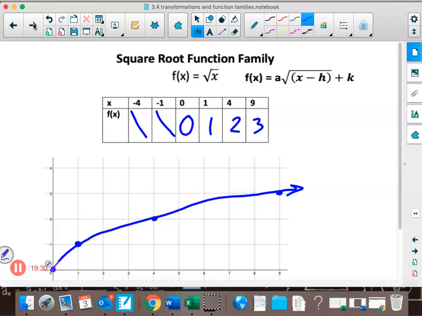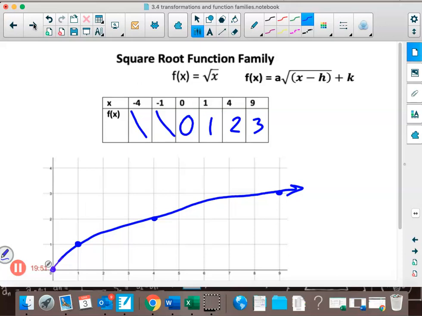It's an upside down boat or a parabola, right? So this is a parabola turned sideways. It's only half a parabola. And does it make sense that y equals x squared and y equals the square root of x would be similar shapes?